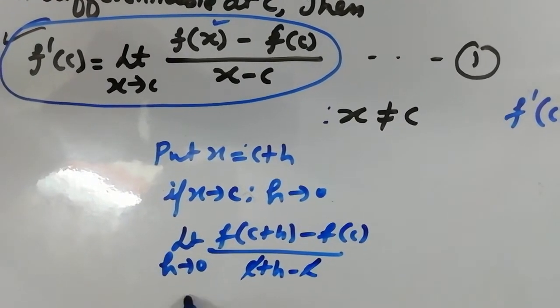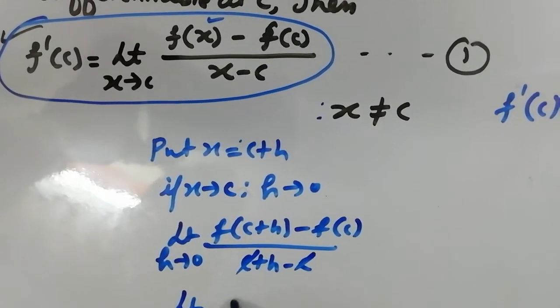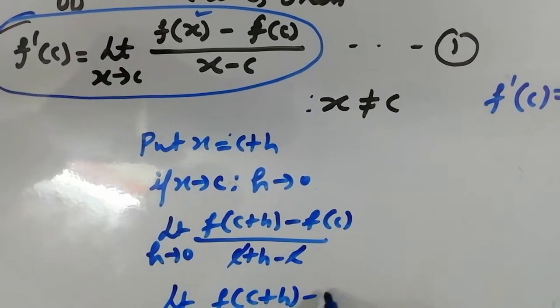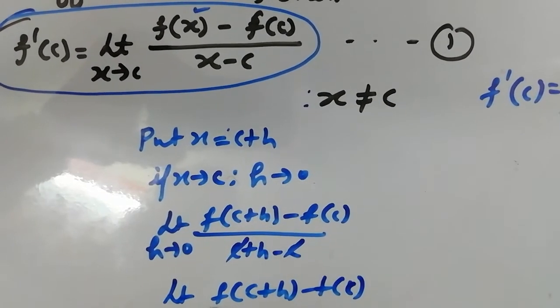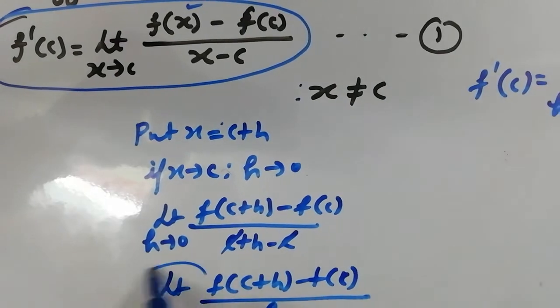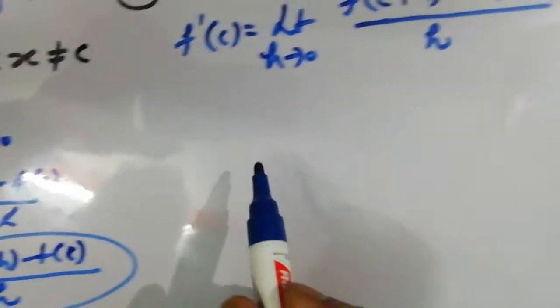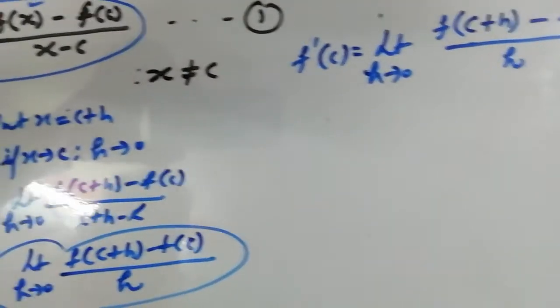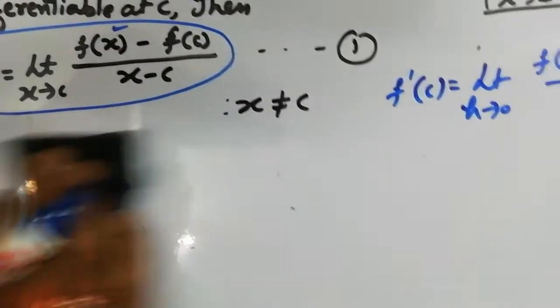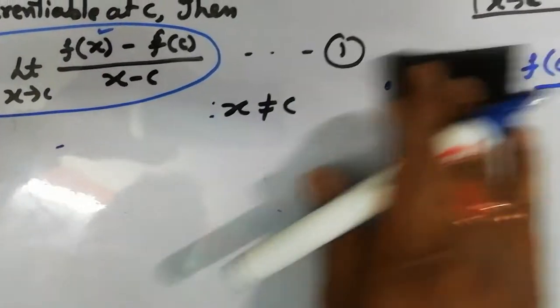C cancels out, limit h approaches 0, f of c plus h minus f of c upon h. Now see here, this formula and this formula both are same. That's why I'm using this one formula. So let's start with this one formula.